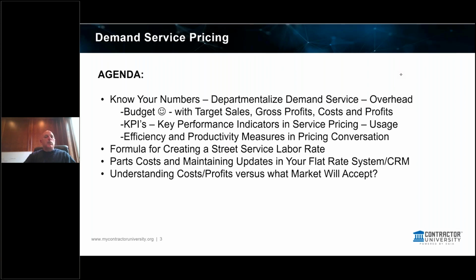The problem is, what are the cost structures? So unfortunately, a lot of businesses don't necessarily have the accounting savvy within the organization to break down overhead. So we tend to teach that at the EGIA level through the budget process. We established a worksheet basically to do exactly what we're talking about, and being able to take demand service and find out what it costs a company to run a service call, for the overhead to be able to produce that call.